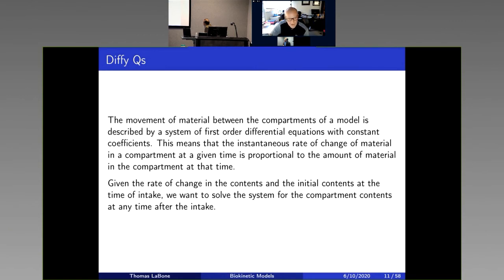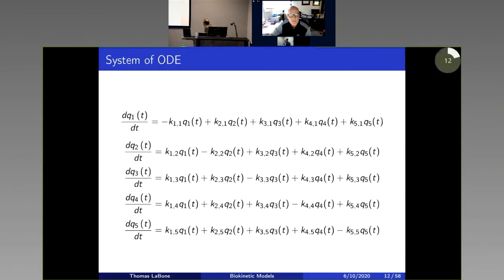And I go through this because, in the end, it will be important to the application of what I'm trying to do. So there's our system of ordinary differential equations, and it basically talks about the rate of change in compartment 1, I think, which was the blood, and this is the amount leaving, and then these are the amounts coming in from the various compartments.